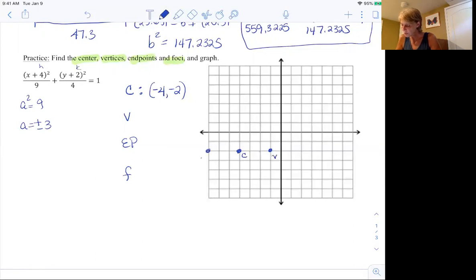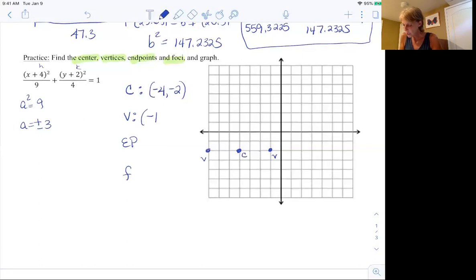These are my vertices. If you want to count boxes and get your ordered pairs, or do the math in your head, basically I'm going -4 plus 3 and -4 minus 3 to get the new x value. So I have -1, -2 and -7, -2. The y value is not going to change, only the x value.